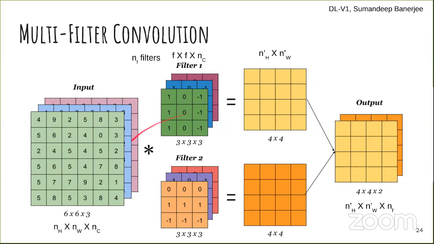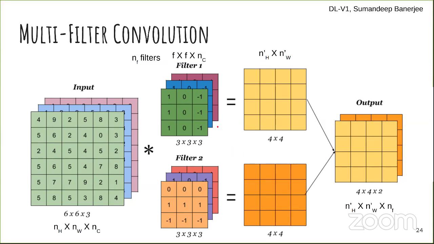That means the three layers of the input image, the three color layers, get collapsed into one layer of output. Similarly, we choose a different filter and apply it on the same image, and we get this output. And the final output is a stack of outputs.